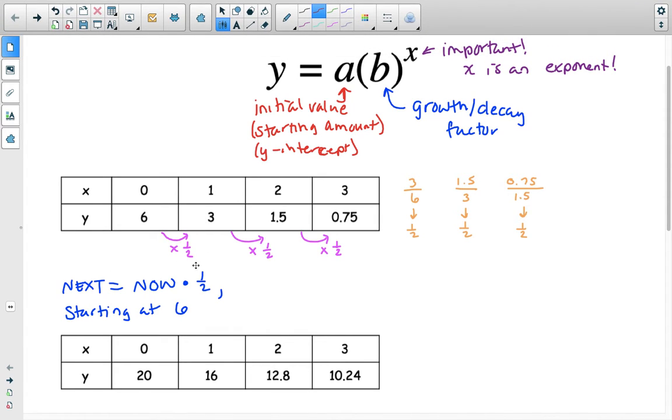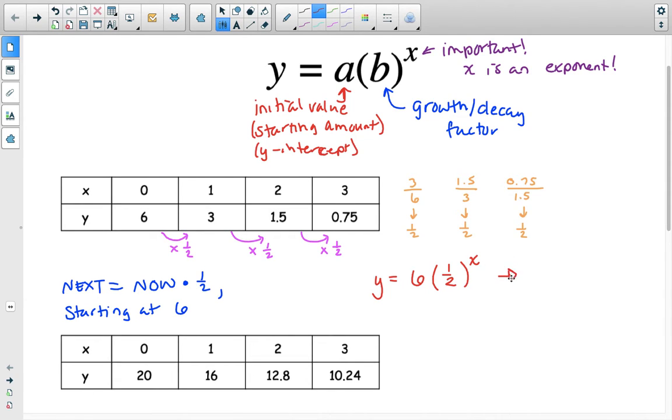So now we can write our actual exponential equation. Since our multiplicative factor is smaller than 1, this is going to be a decay, exponential decay. So we have y equals our starting value, our y-intercept of (0, 6). So we have 6 times 1/2, since every time we're multiplying by 1/2, raised to the power of x.